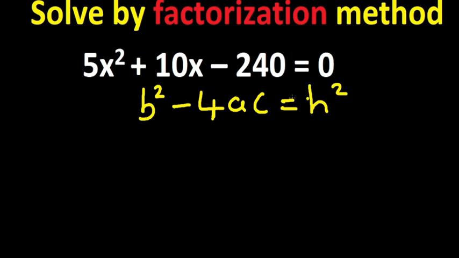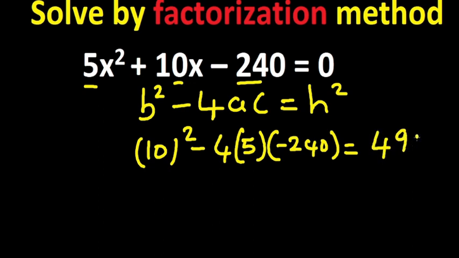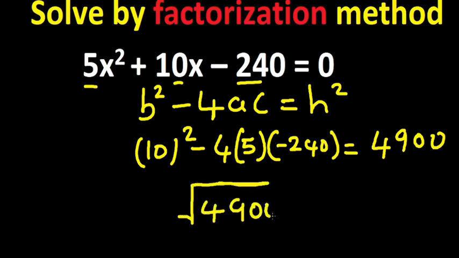So let me show you what I mean by that. We have 10 squared, which is b squared, minus 4 times a, which is 5, times c, which is a constant, negative 240. If you do this calculation, you're going to get 4,900. Now the square root of 4,900 is going to give us 70.